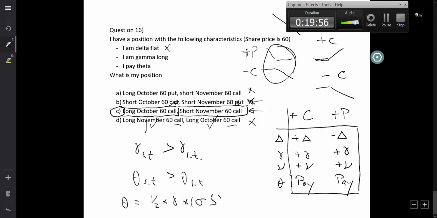I'm just re-quoting the formula. So obviously, if you keep the vol constant, so this doesn't change, then as gamma goes up, which it does for shorter-term options, theta has to go up. And as gamma goes down, theta also has to go down. So that should make sense to you. That's another way of thinking about it.